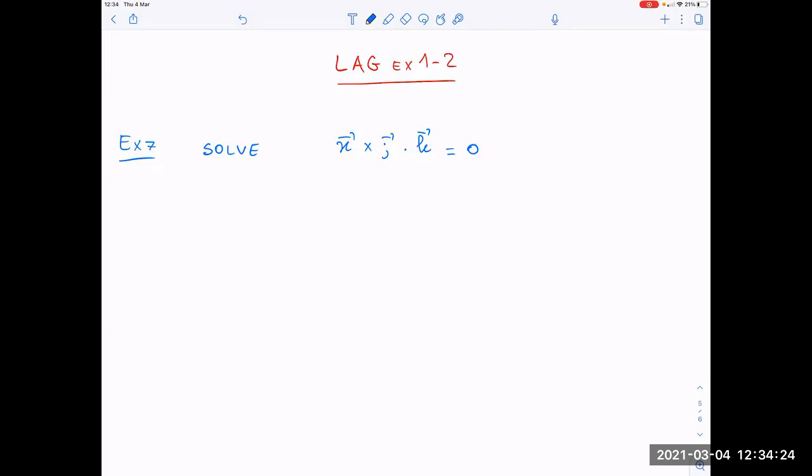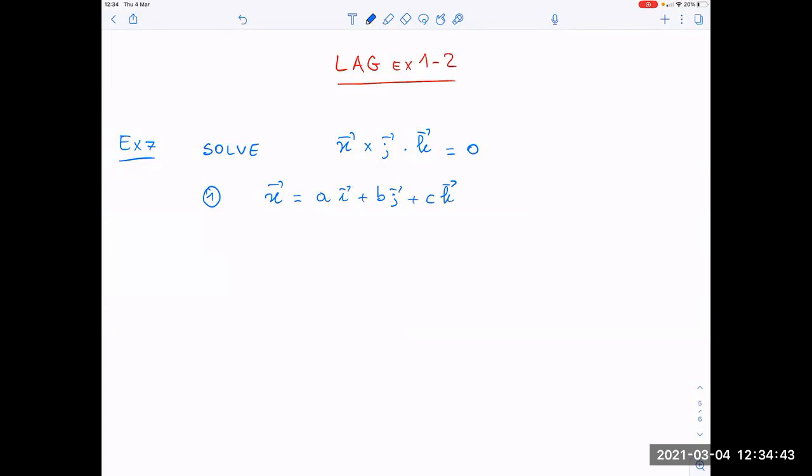So say one way is to say, well, x is a vector, and ijk allows me to write all possible vectors. So it's going to be something like ai plus bj plus ck.